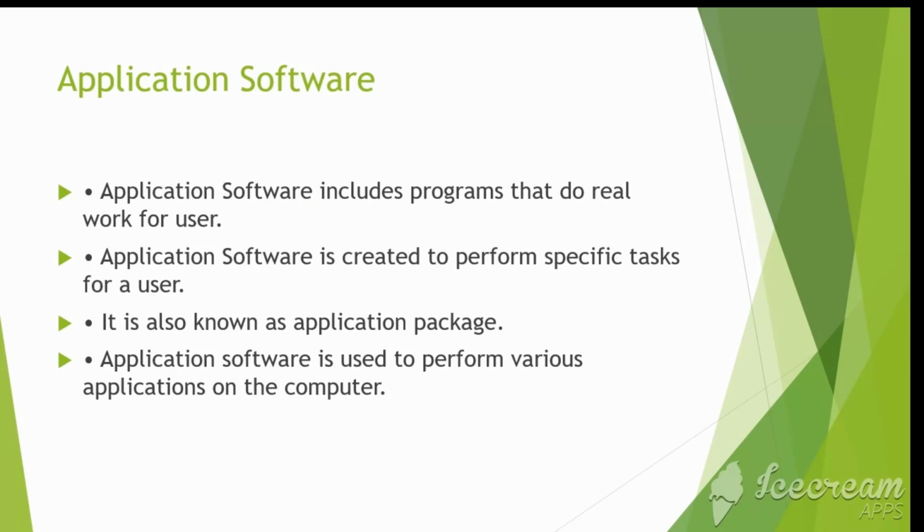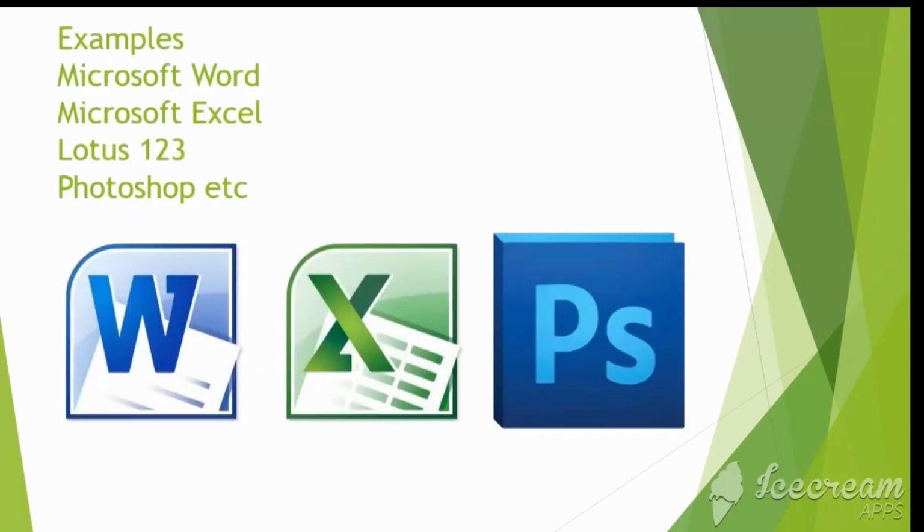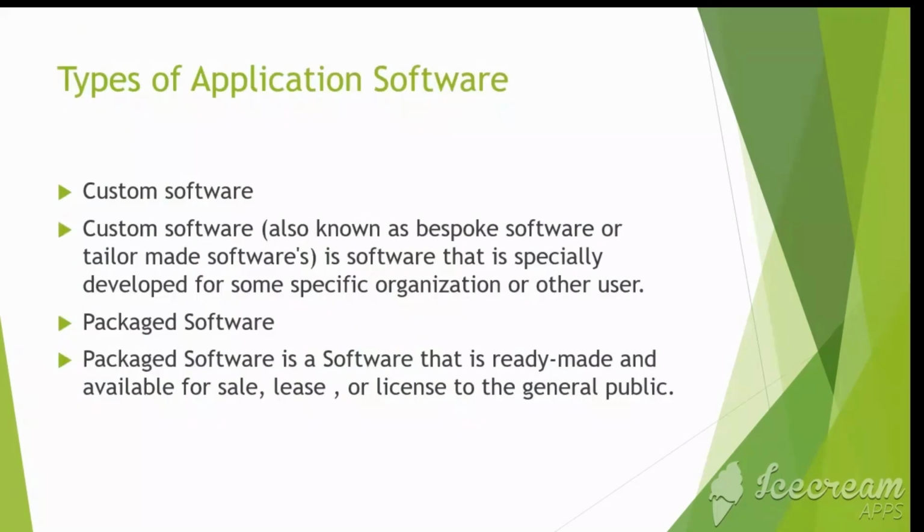It could be mathematical calculations, writing, recording, whatever task you think about, application software will handle that. Examples are Microsoft Word, Microsoft Excel, Lotus 123, Photoshop, etc. We have a lot of application software out there that performs particular tasks.